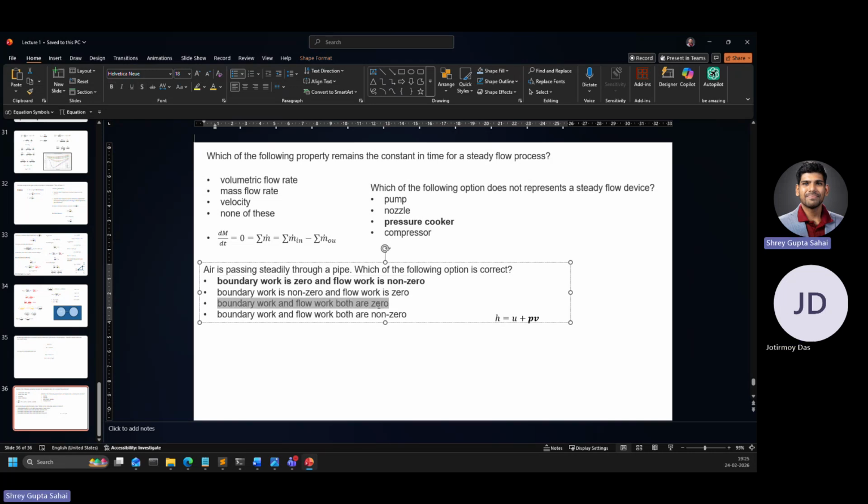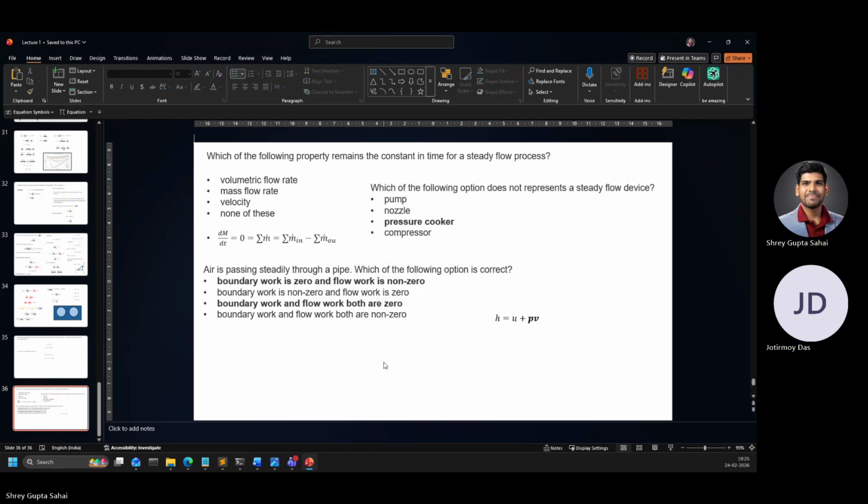But is there any flow work? The answer is flow work will be non-zero. Roughly you can know why, because as I mentioned, flow work is PV.